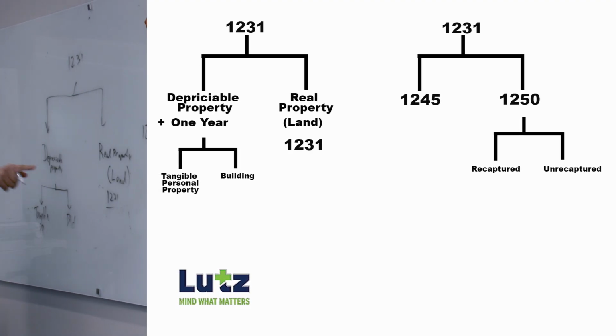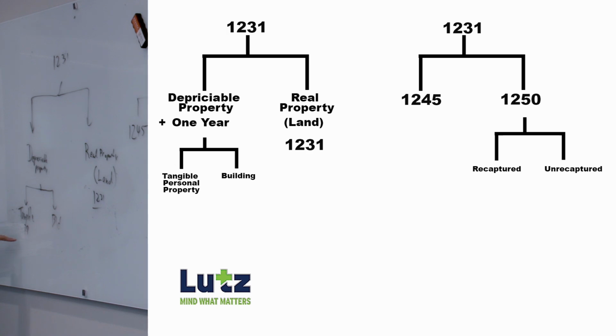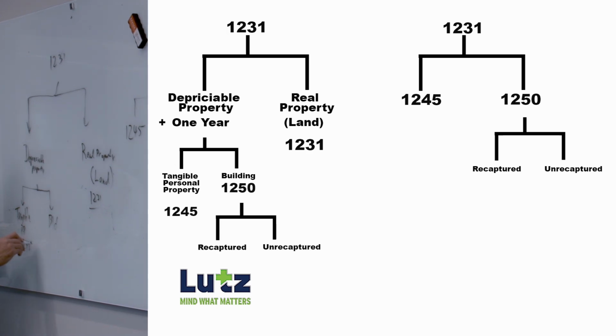So if we use that over here, PP&E is 1245. Building is 1250, recaptured and unrecaptured. So why am I drawing this distinction? Okay? And we're going to get to this.